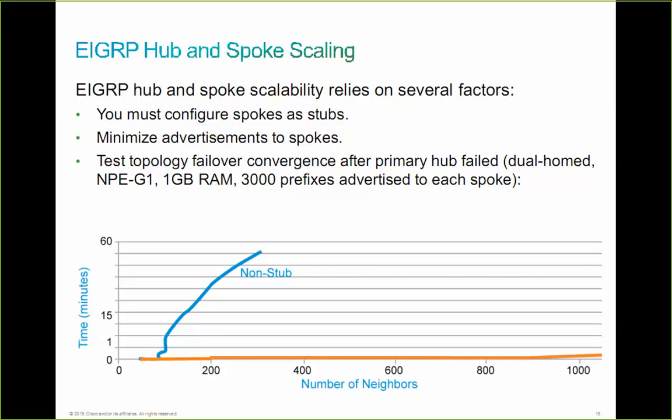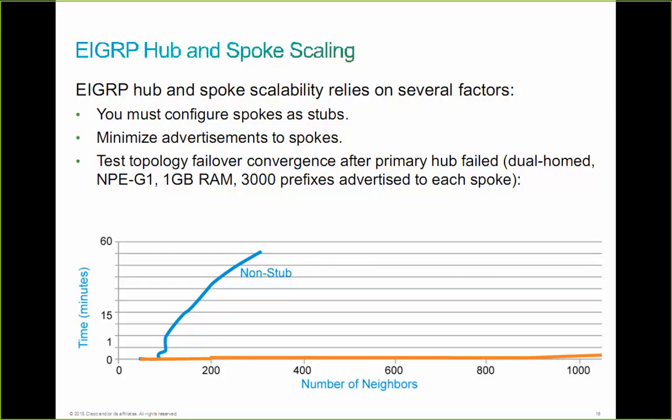But okay, I get what they're trying to say here. The orange line is supposed to represent the number of neighbors that you can support if you use the right design features, stub configuration, summaries, etc.